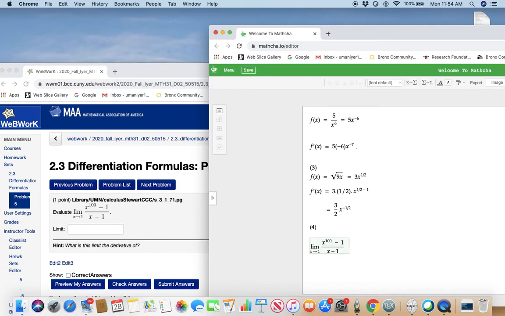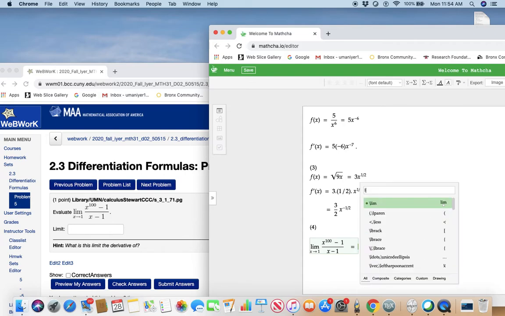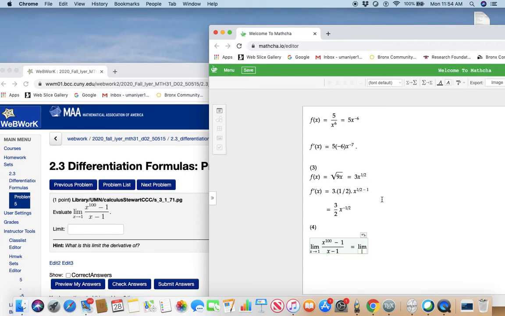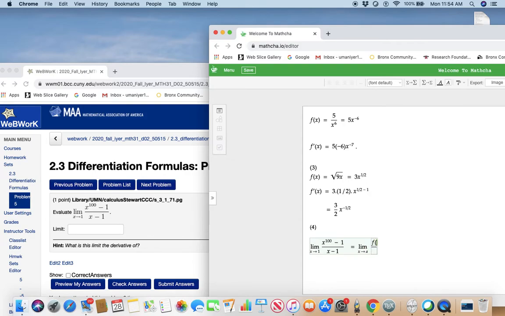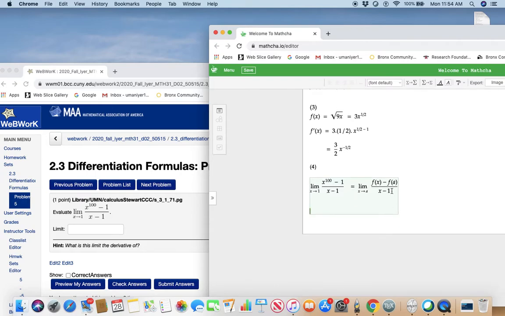Okay, this looks very similar to the limit as x approaches a of the fraction f(x) minus f(a) over x minus a. So when you write it in this fashion, you notice x is approaching 1, x is approaching a. So a has to be 1.